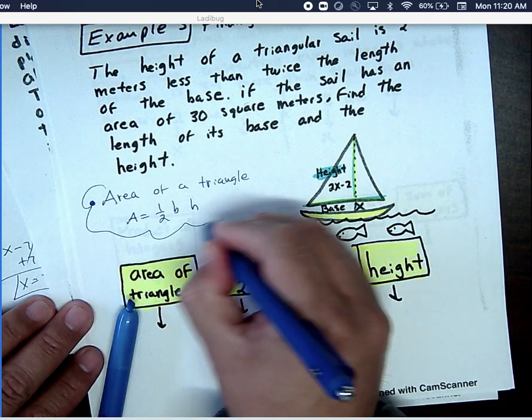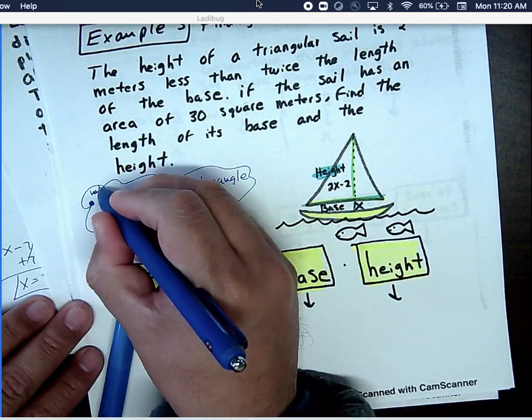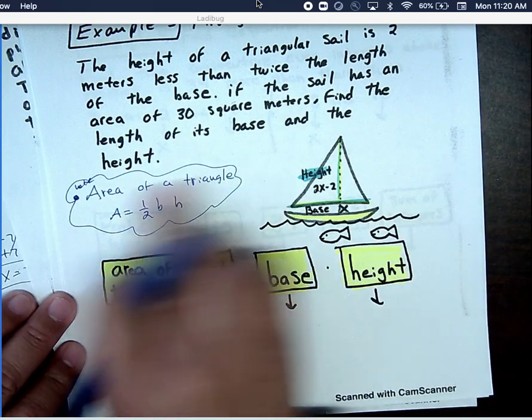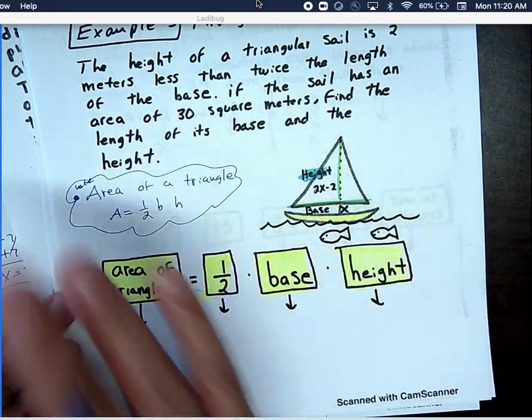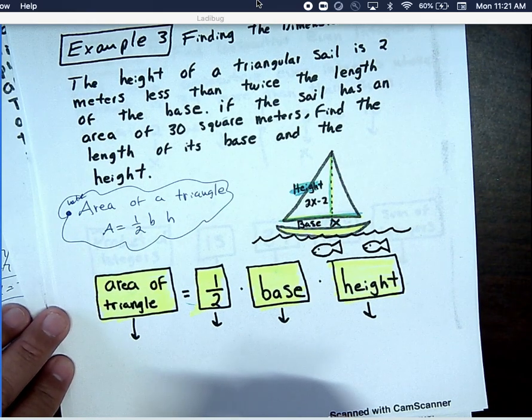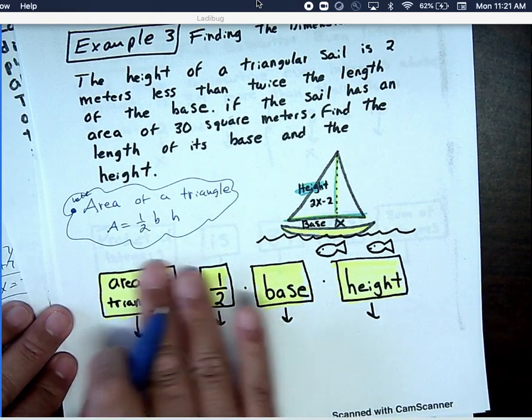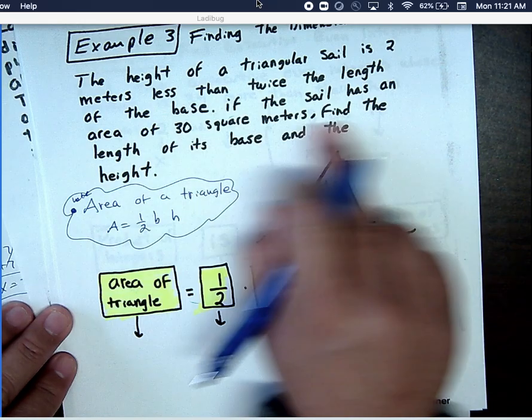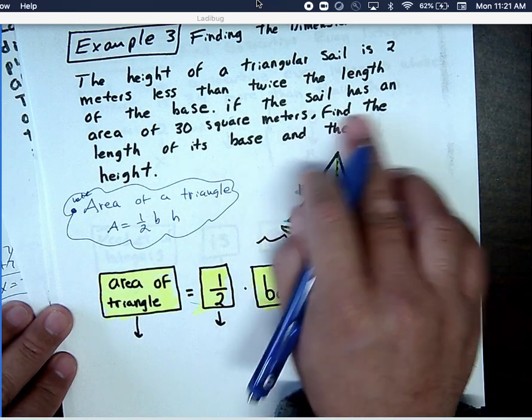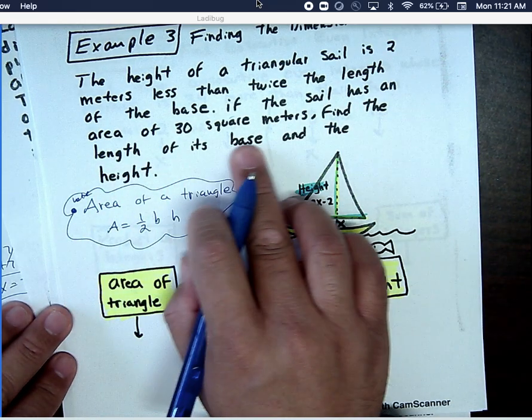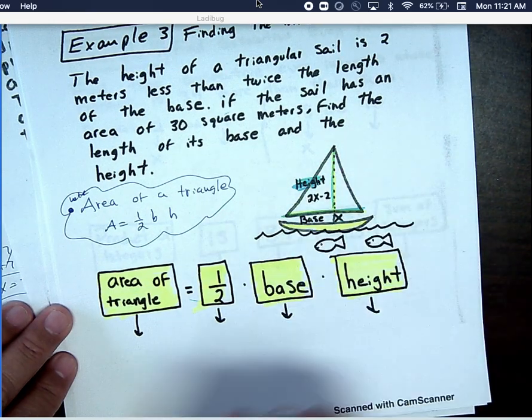Just remember this as a note: if you can't make that connection, you're going to have trouble. They want you to find the length of its base and the height.